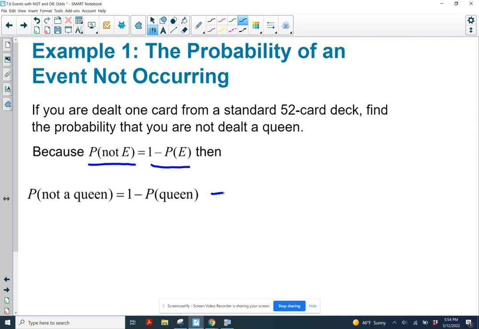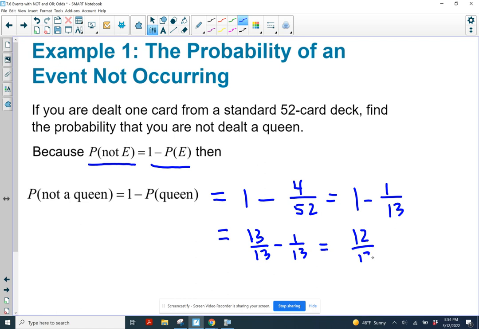Okay, so what's the probability that we draw a queen? Well, that's 4 queens out of the 52 card deck. It's just easier to count the number of queens than the not queens. So we'll have 1 minus 1/13. That will be 12 over 13 because that 1 is 13 over 13.